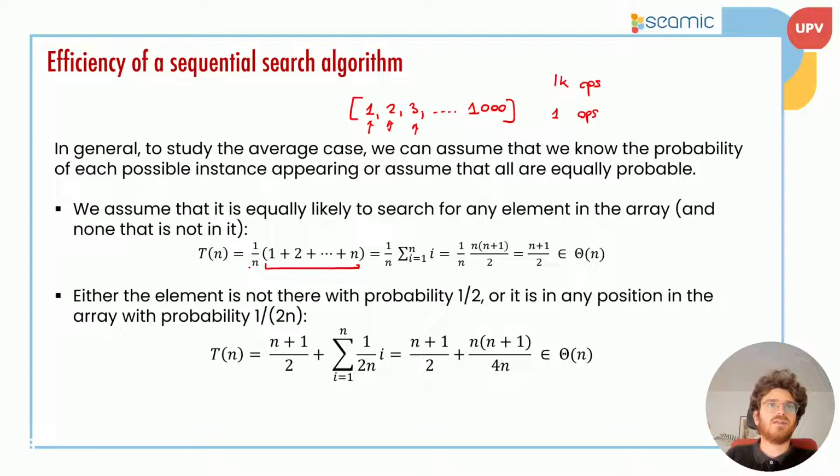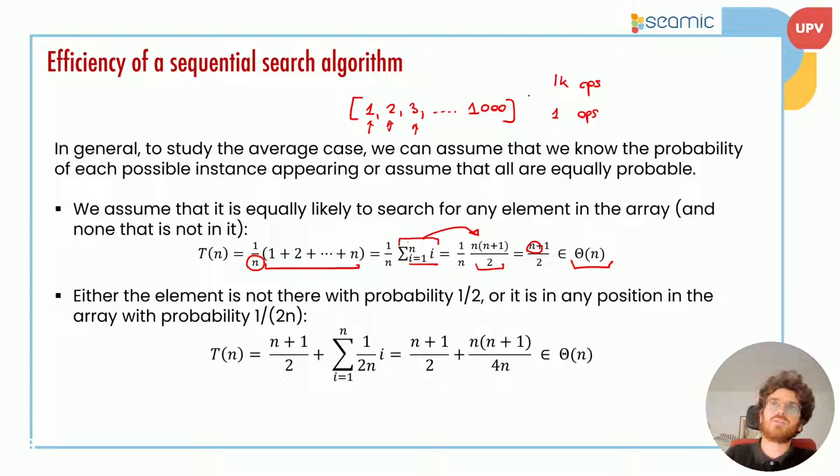This means that multiplied by 1/n, because each of these has a 1/n chance of appearing, this would be the cost. Then this summation would be converted into this fraction, and we could solve it with this transformation. And if we multiply these two terms, we obtain a linear result, and thus our average time is linear.